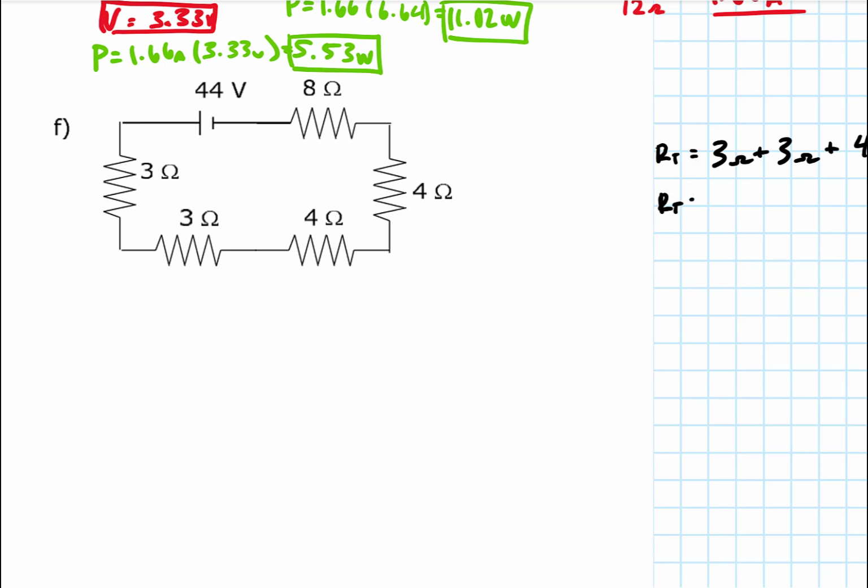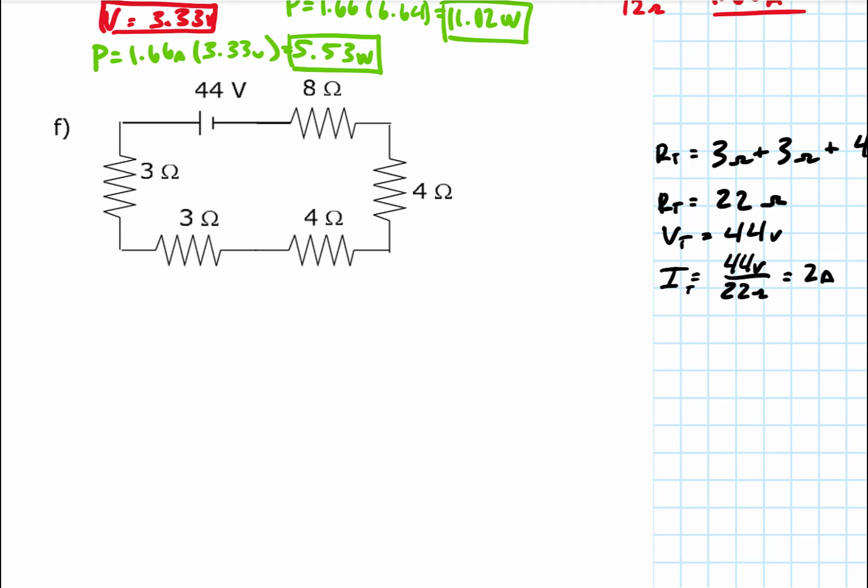So our total resistance comes out to be 6 plus 16, 22 ohms. Total resistance. Our total voltage is 44 volts because it tells us that there, and that makes our total current, the total voltage, 44 volts divided by 22 ohms. Again, to get the total current, you have to use total voltage and total resistance.